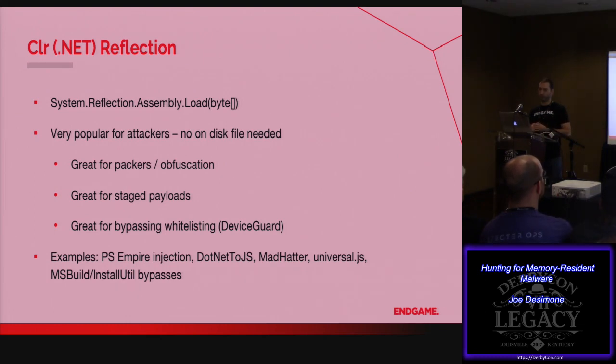The XML or binary formatter API, surprisingly enough, calls a similar API under the hood. It doesn't directly call Assembly.Load, but it'll eventually call a similar function, so that's related. And MadHatter was just an implant. CrowdStrike actually talked about that in their blog. It looked pretty cool. And then universal.js and the other stuff use DotNetToJS, so they're all associated here.